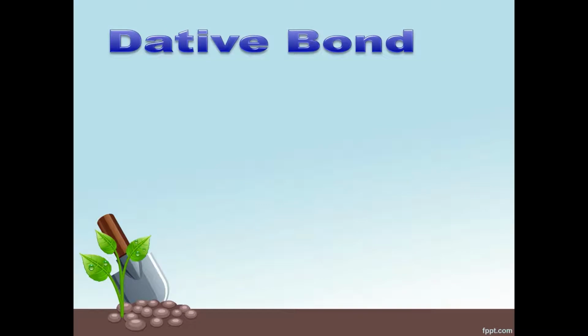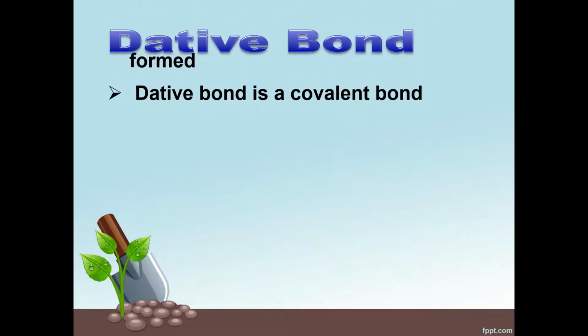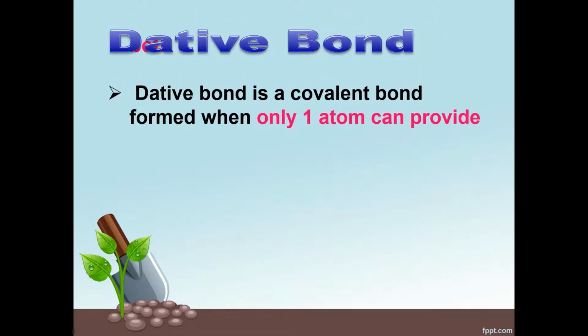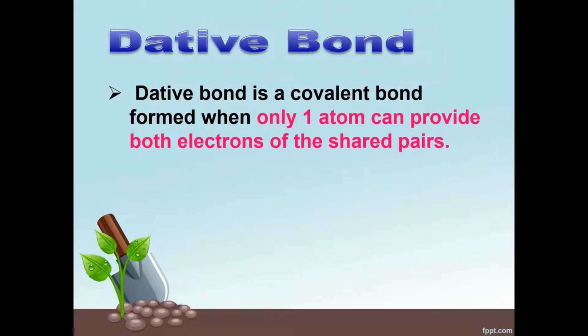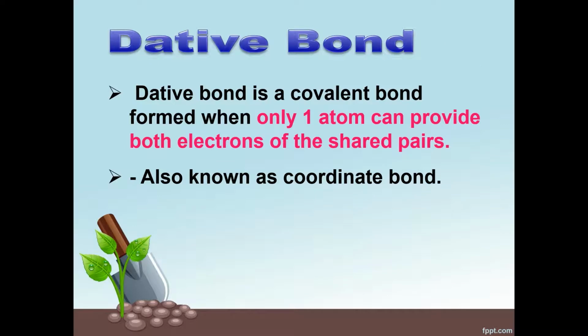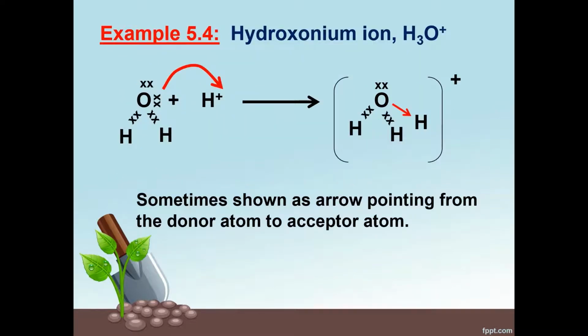Dative or coordinate bond is a covalent bond formed when only one atom provides both electrons of the shared pair. Please write this example 5.4 on your page 130.